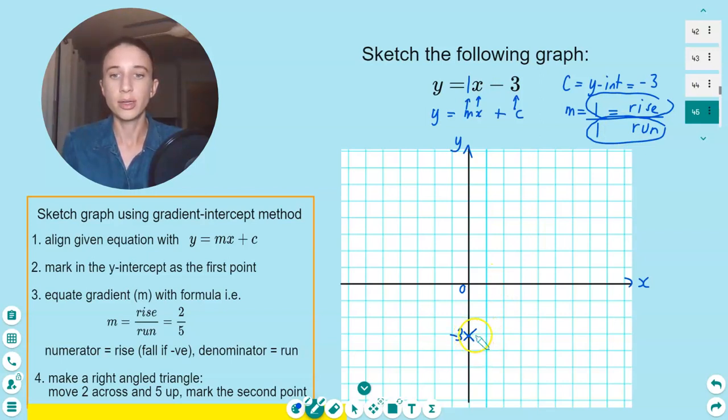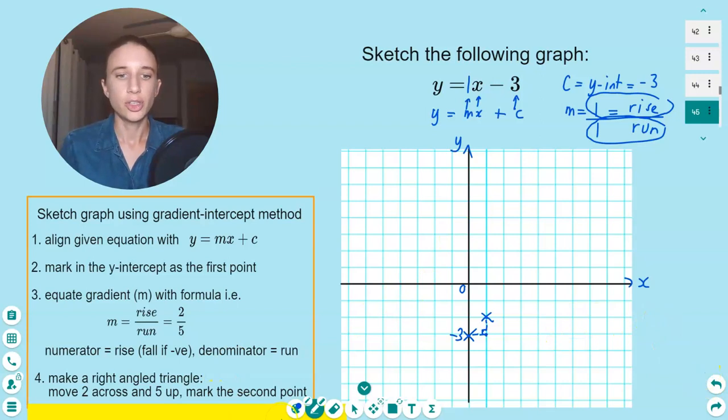So I'm going to run 1 unit across, just a dotted line, which gets us to there. And then I'm going to rise positive 1 unit, up 1 unit. That is going to be my little right-angled triangle. Can you see that there's a right-angled triangle in there if I draw that?